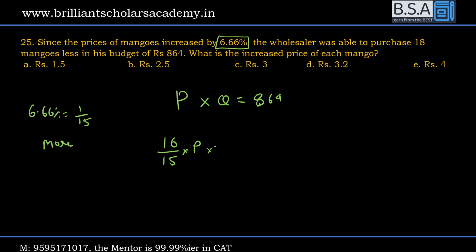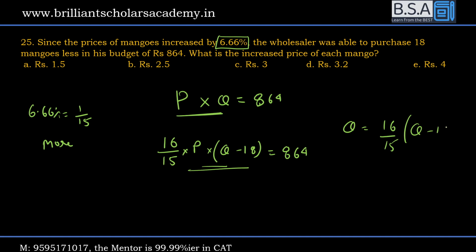Now, because of this, the quantity has decreased by 18, and because of this, the money paid is 864. Can I say 864 is equal? I can equate this and this. Price did not change, expenditure did not change. I can cancel P and say Q is equal to 16 by 15 into Q minus 18.